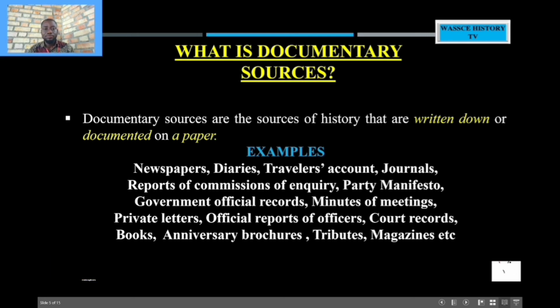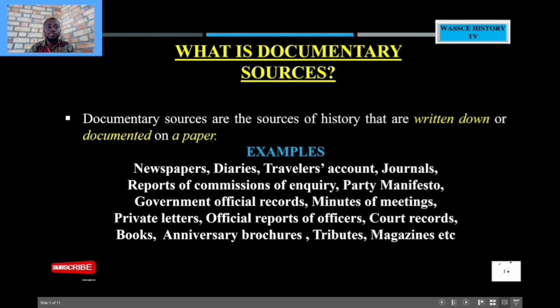Private letters, official reports of officers, court records, books, of course, and that's the most famous of the documentary sources of history. Then anniversary brochures, tributes, and magazines.